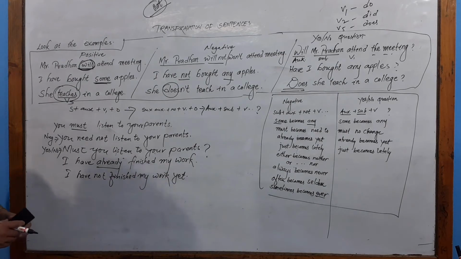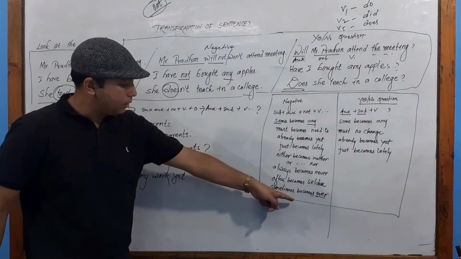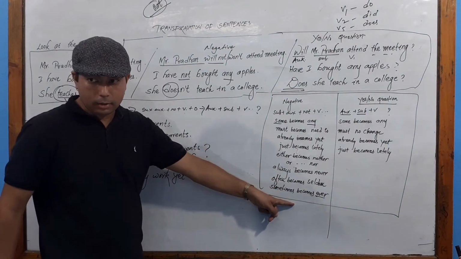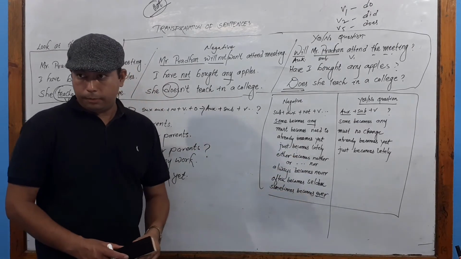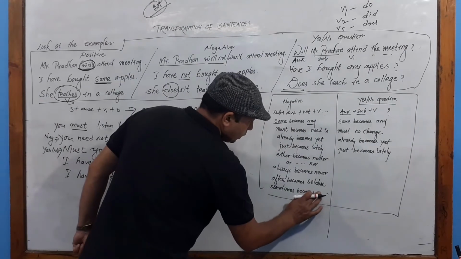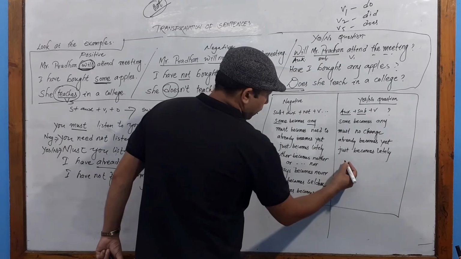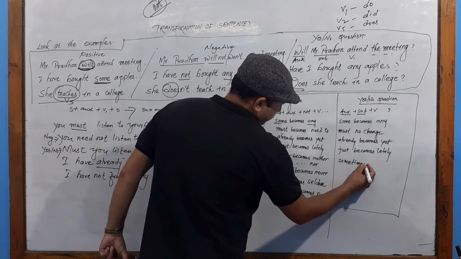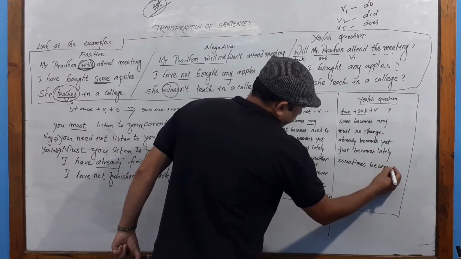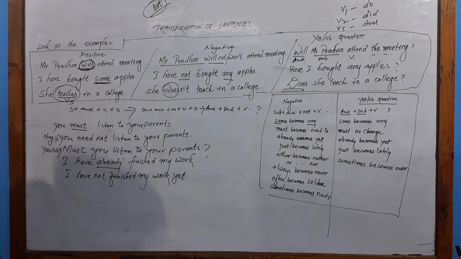In yes no question only, it is: Have I ever visited my grandfather? When making negative, it changes to 'never'. Here sometimes becomes ever.